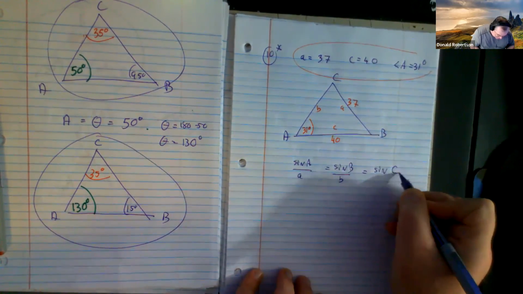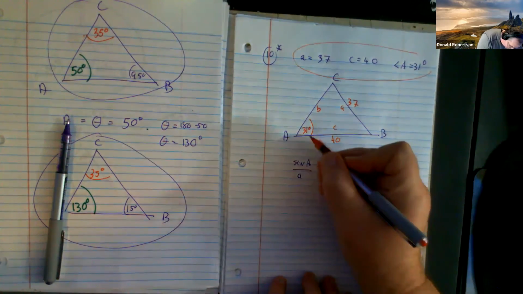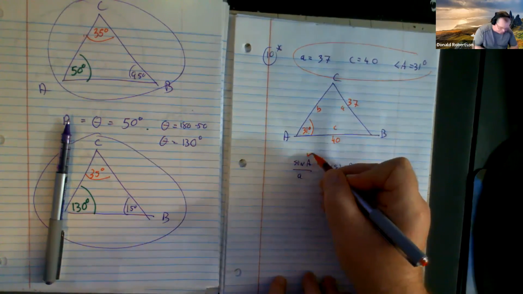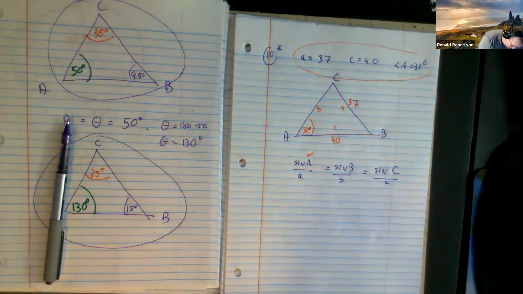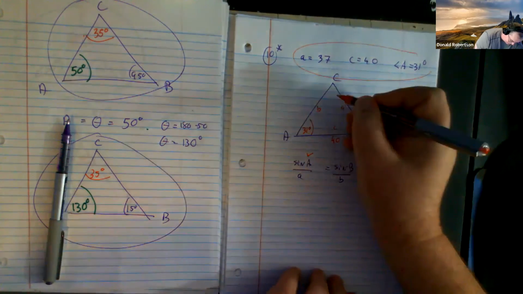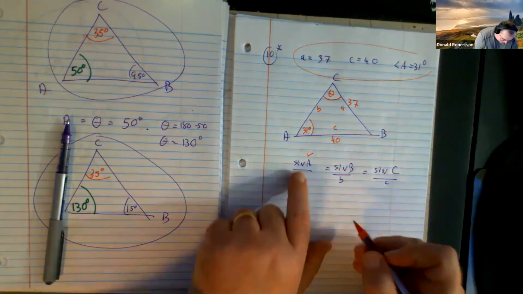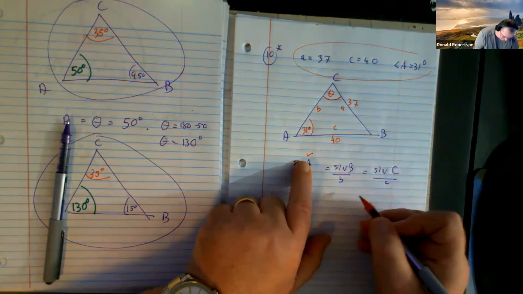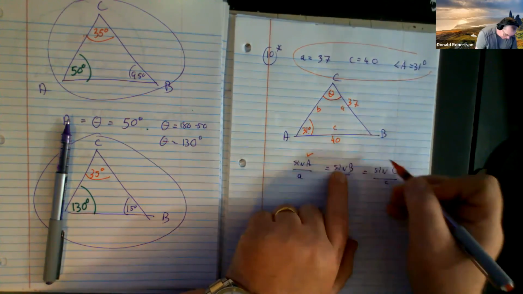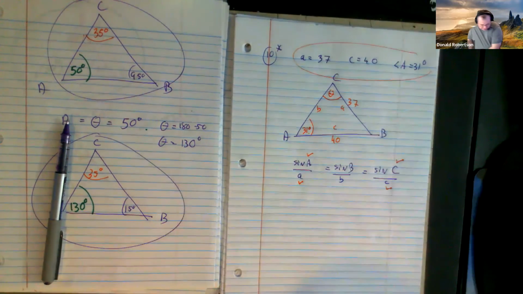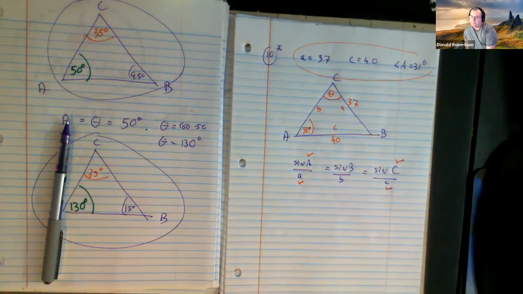Let's go head count. I know angle A, and let's find this guy. I want to find C. I know little c, and I know little a. Would you agree it's an AC split?